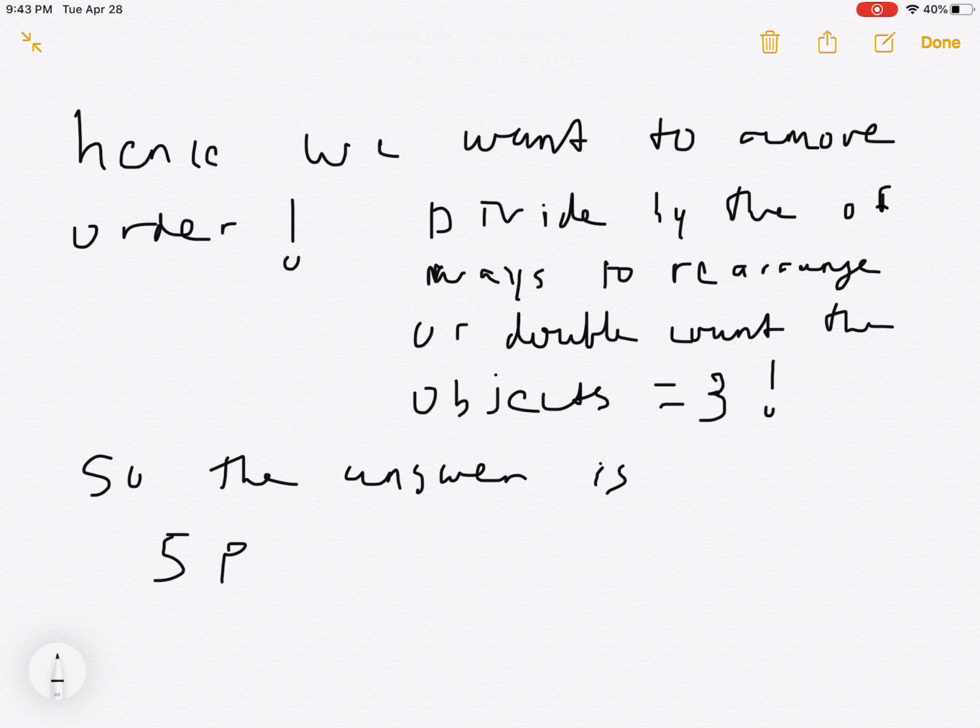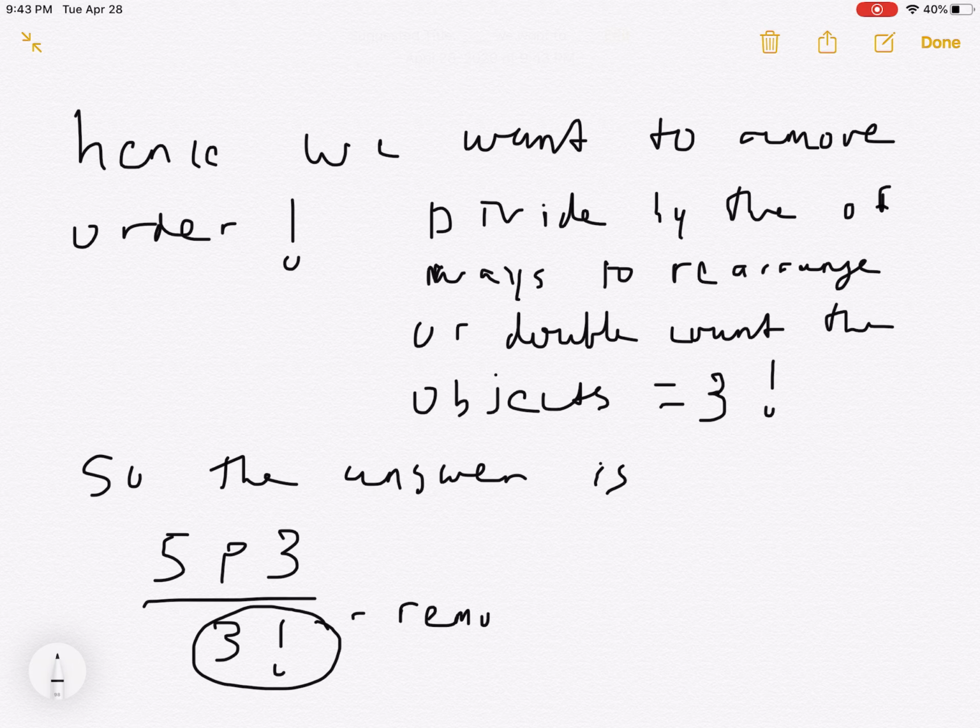If we were to do a permutation, we'd permute 3 of them, but we need to remove order, so we divide by 3 factorial. Okay. This is known as a combination.